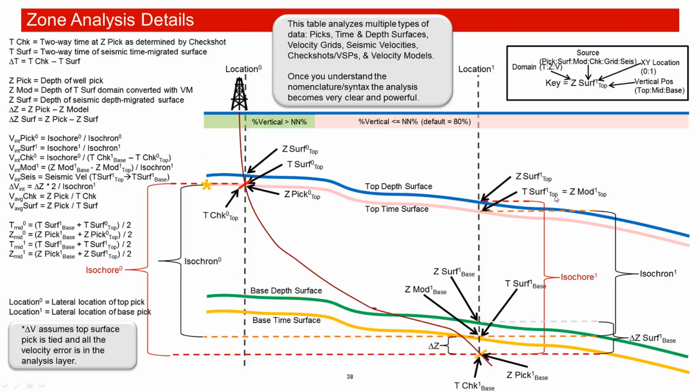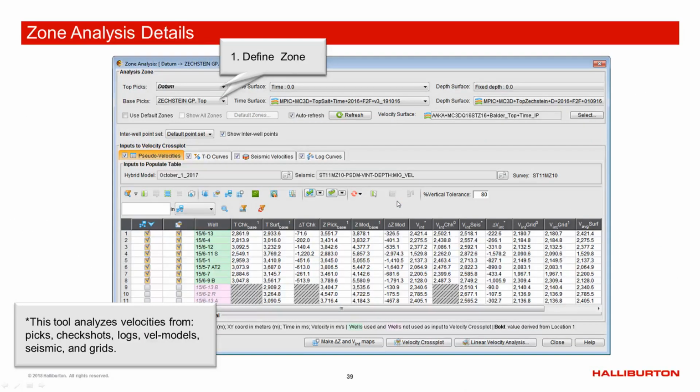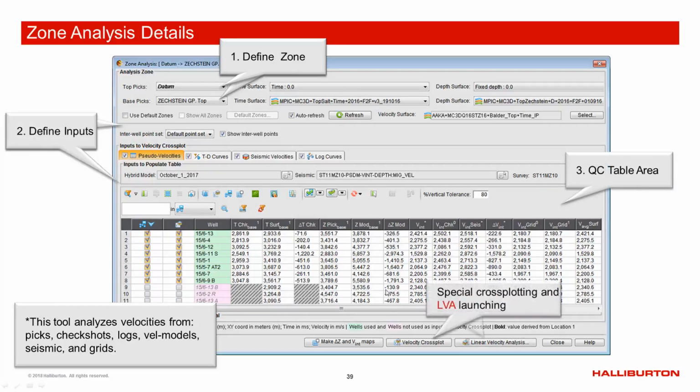But once you understand the nomenclature of this table, it makes it very, very powerful. So let's take a look at what the actual table looks like rather than the picture of the columns of the table. You define essentially the top and base of your zone of analysis and associated time and maybe some depth surfaces, and define different inputs.